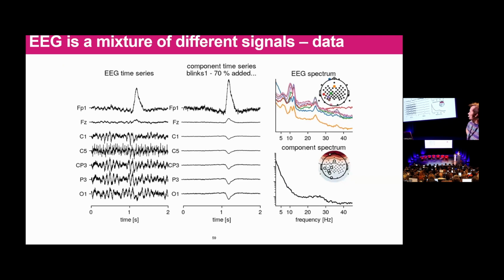And of course, our favorite eye blinks that we just cleaned in the pre-processing tutorial. You see the eye blink is most visible in the front, but it also has some contribution to the activity that we record at the back. Good to know.